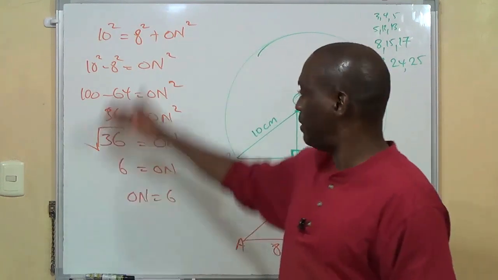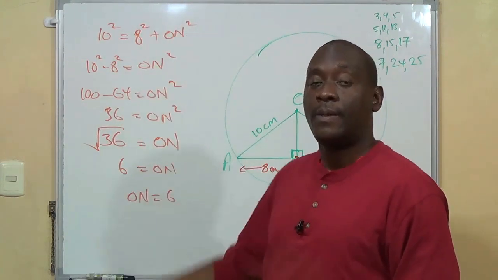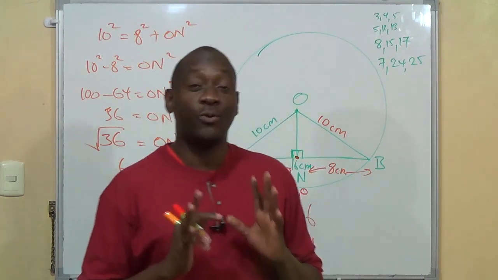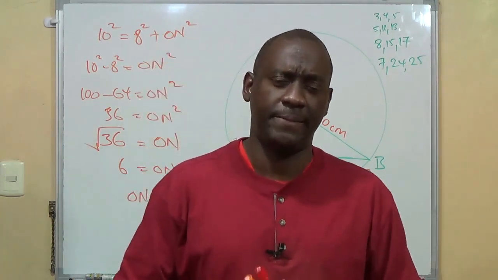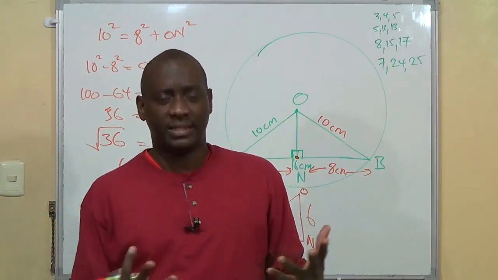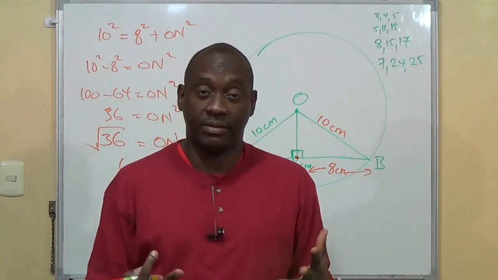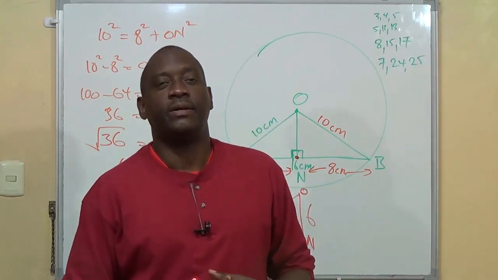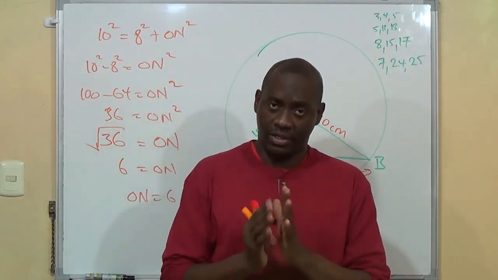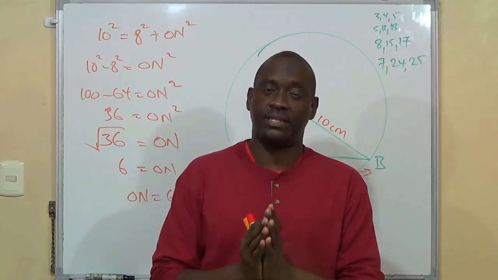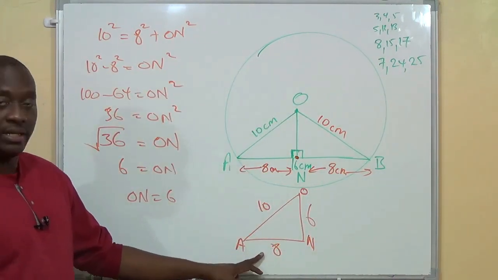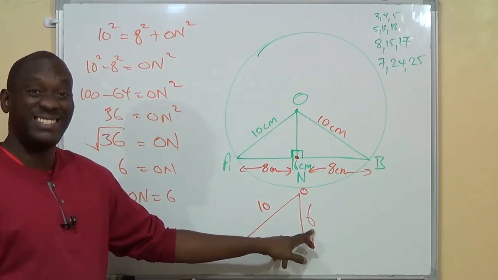So instead of having to take all the time to go through this, if we are aware of what we refer to as Pythagorean triplets, or some people say Pythagorean triples, it makes no difference, it's the same thing. Right? And if you're aware of that, it makes your life easier, because if it's something you know, then from the time you see 10 here and you see 8 here, you know immediately that that is 6.